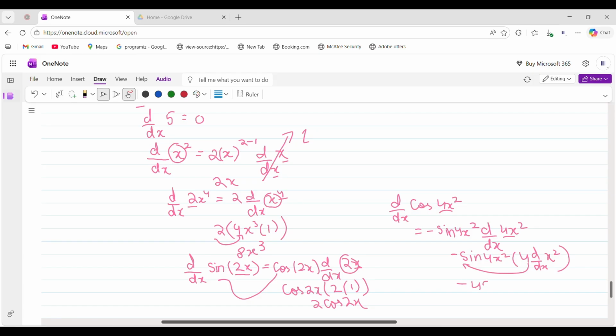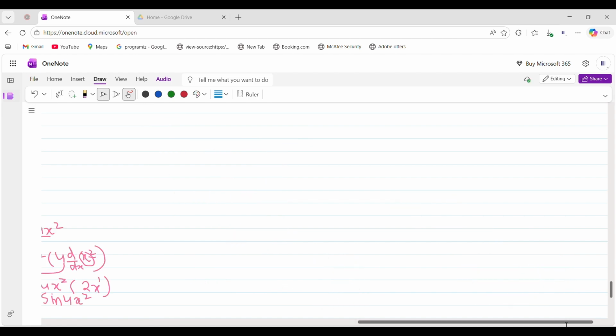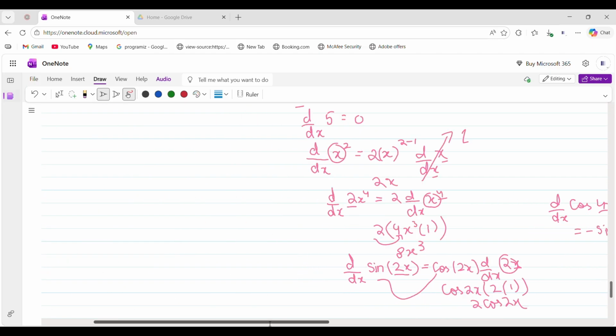So minus, you can write this 4 here now, minus 4 sin 4x square, derivative of x square, the power will become the coefficient now. So 2, base power minus 1, 2 minus 1 is 1, then the base derivative would be again 1, because with respect to x. So now you have 2x, right? So minus 4 2s are 8x sin 4x square. So know these concepts: the derivative of sine is cos, and the derivative of cos is not sine, however, minus sine.